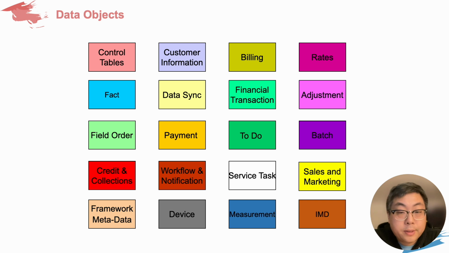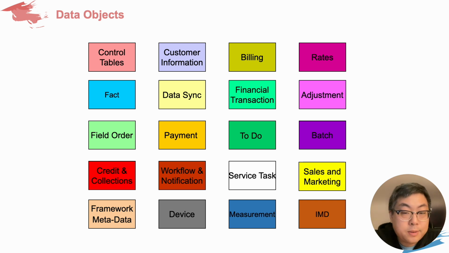Okay, next is data sync. After moving to C2M, data sync seems to have disappeared, but actually it's just been automated. Before C2M, we had two systems, CCB and MDM, and you needed to keep data in sync between the two systems. There is a bunch of objects used for the data sync, which we will see a bit later in this video.